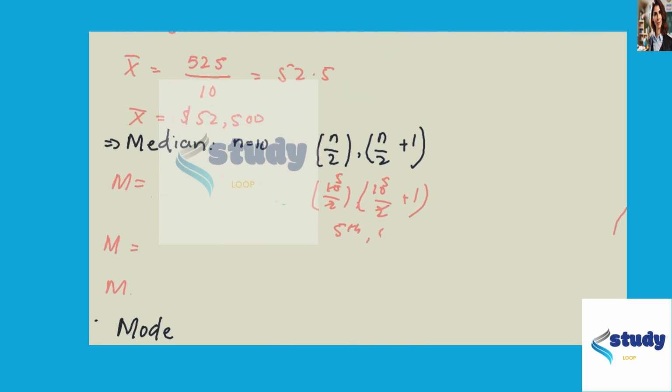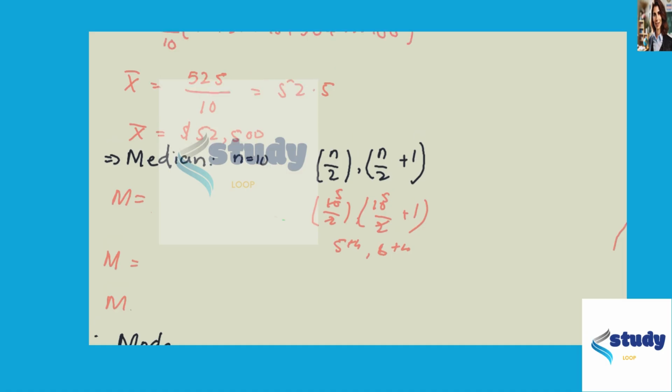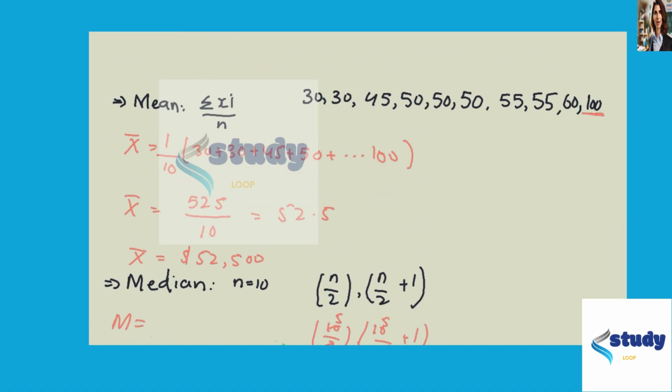Now let's find the median. For finding the median, we have to look at the fifth place and sixth place, because the number is even and the number of observation is 10. As I calculated here, I just counted up to 5 place, 1 2 3 4 5, this place, and 6 this.